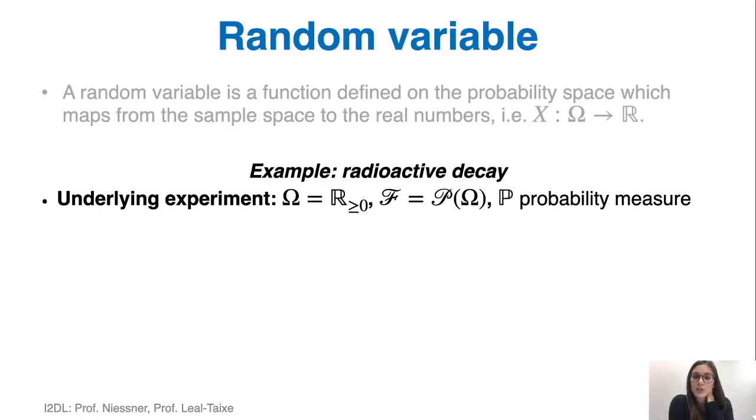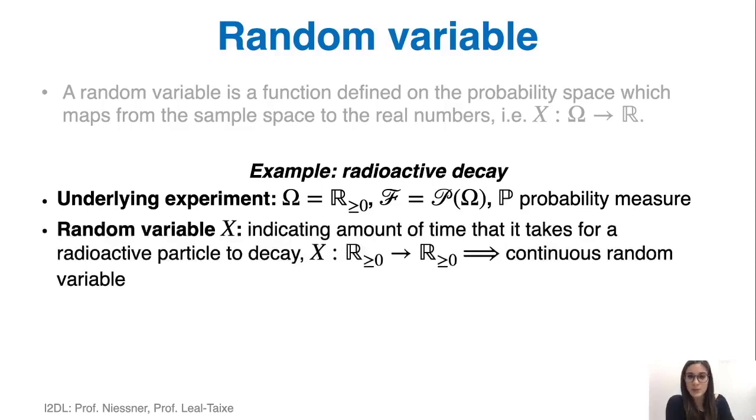And again, we choose our event space F to be the power set P of omega, so all possible subsets of our omega, and we choose in general a probability measure P. It is much more complicated to define the probability measure here, so I don't do it by hand, but there are possible choices for probability measures.